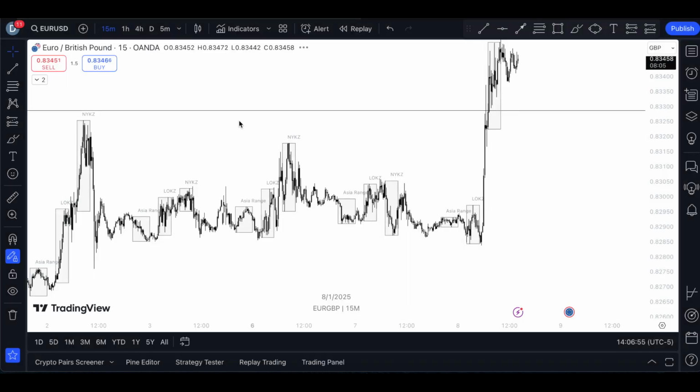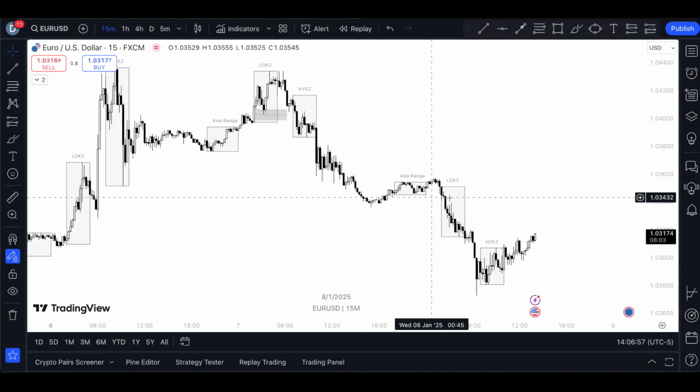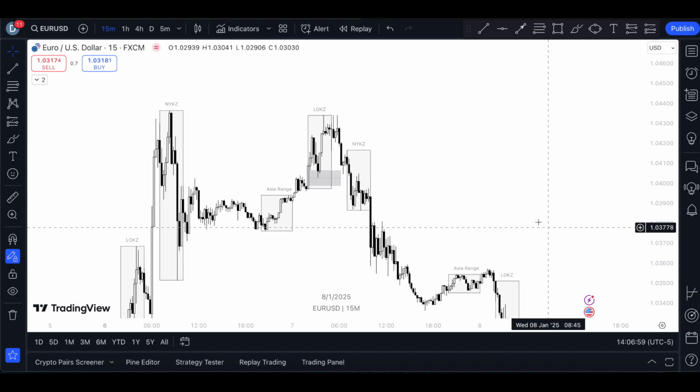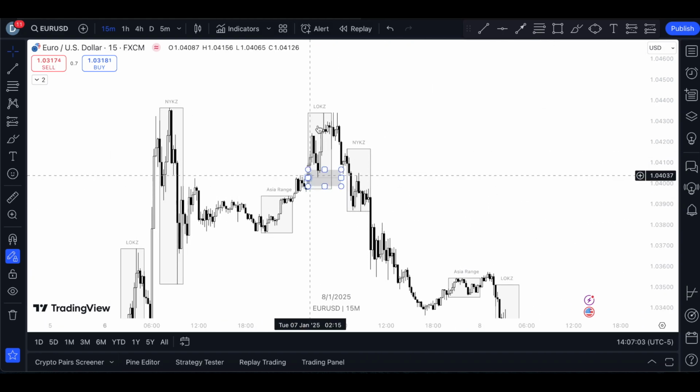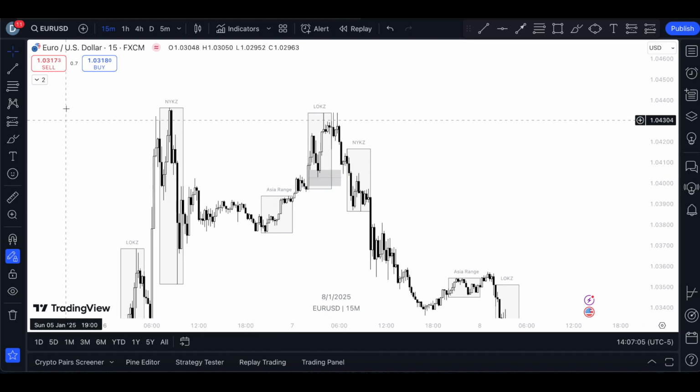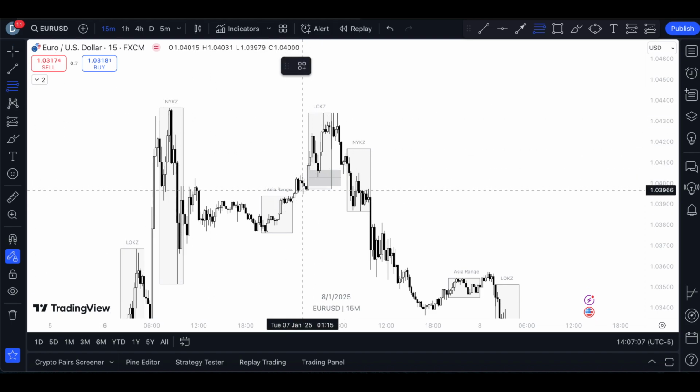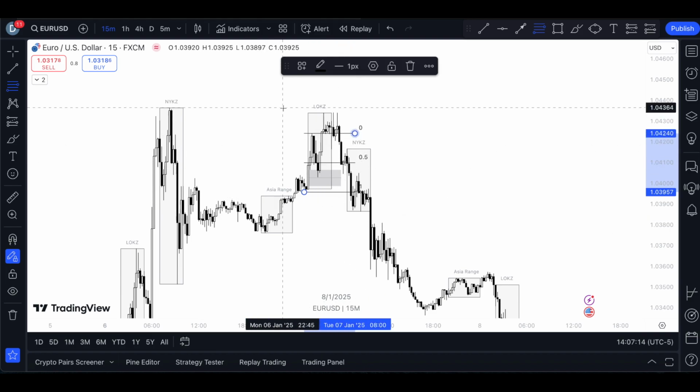So cool. Now let's look at our Tuesday session over here. The same way we wanted to short DXY, we actually wanted to long the Euro USD. What we had was very similar. We had a range panned out, low to high, very similar fair value gap on the 15-minute.